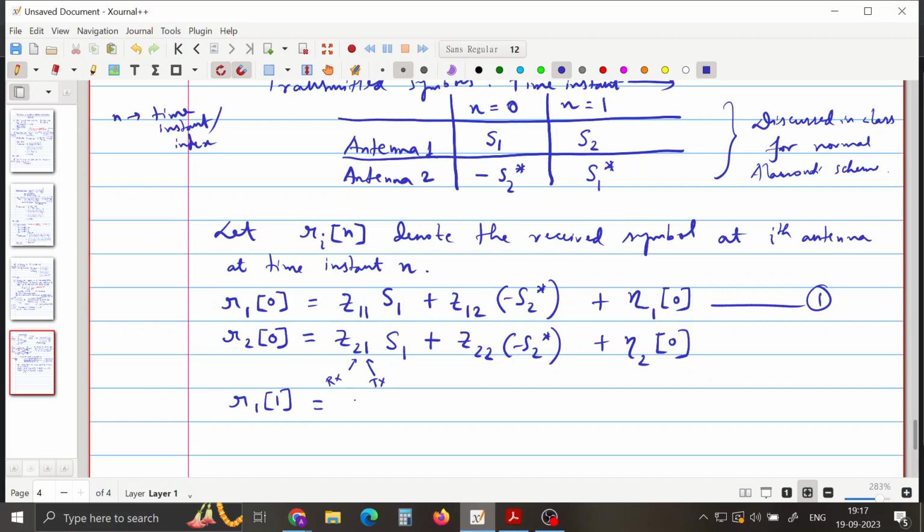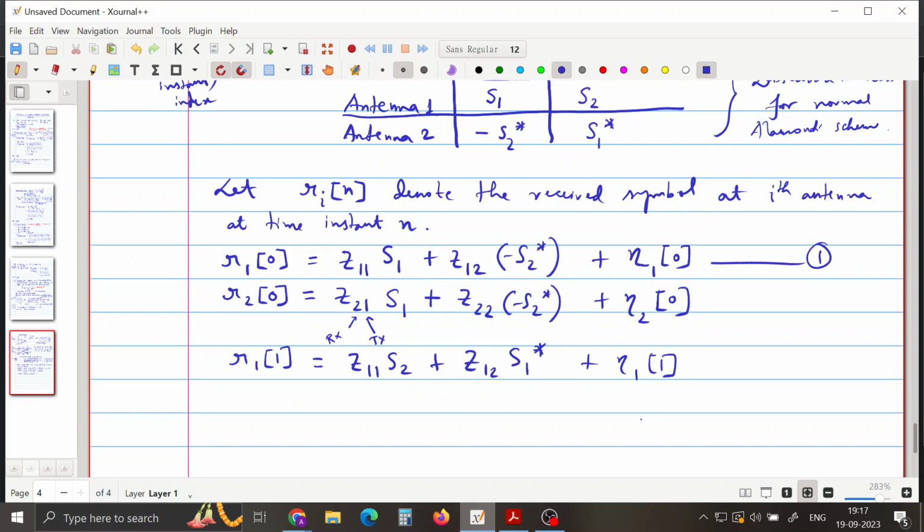I am just quickly writing the equations; you can verify it later, following the same strategy. And R2 of 1 would be Z21 S2 plus Z22 S1 conjugate plus eta 2 of 1.